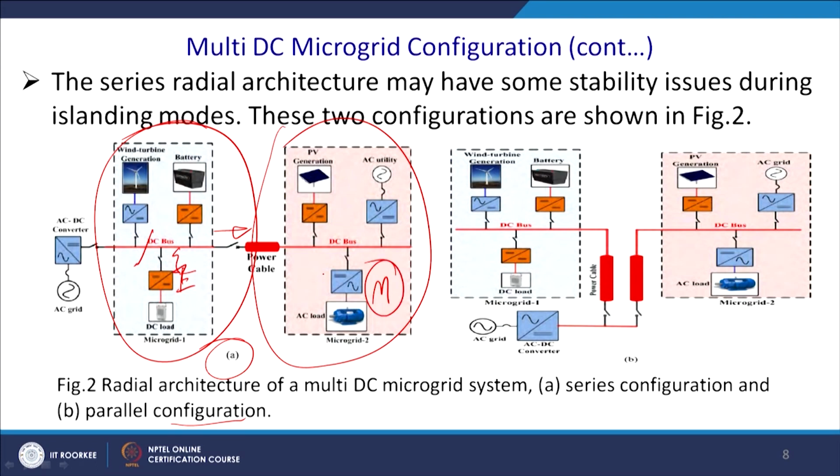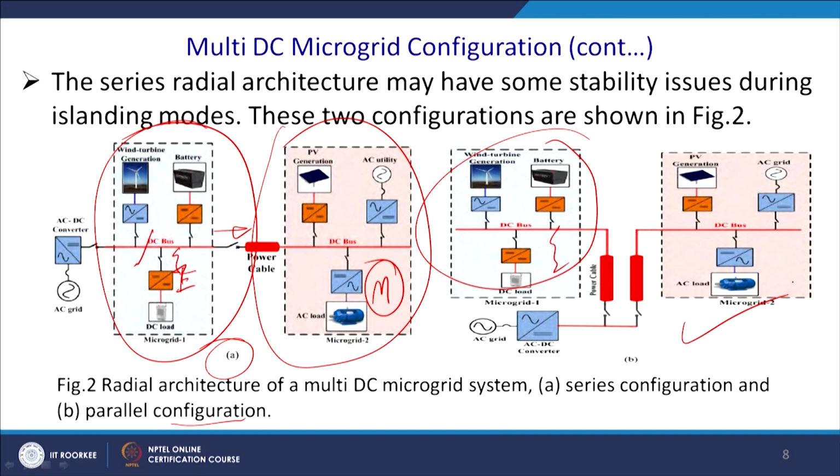That is a restriction you are imposing, because it is far from the AC to DC converter. But in the parallel case, that issue was not there. Both these entities are given proper importance. If a fault occurs here, you can bypass this part of the network and continue to feed in a healthy mode without affecting anything.